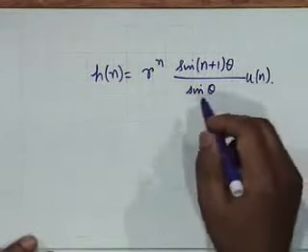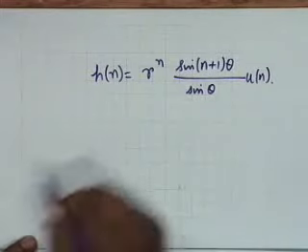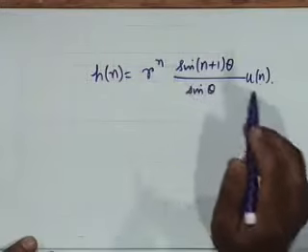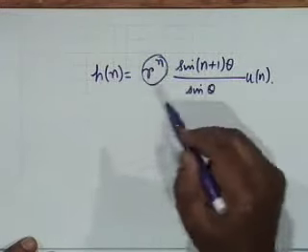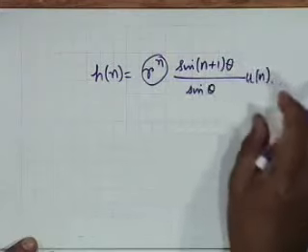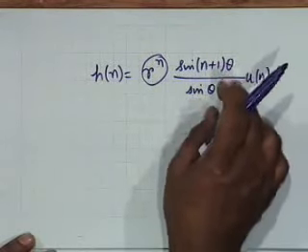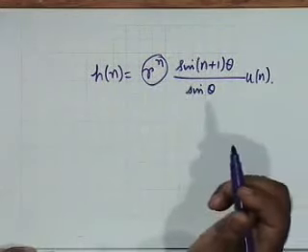The impulse response function is a sinc function, all right, a sinc function amplitude modulated by r to the power n. You see, this factor depends on n, and therefore it's not proper to say that it's only a sinc function. It's a sinc function whose amplitude is modulated by a quantity r to the power n.